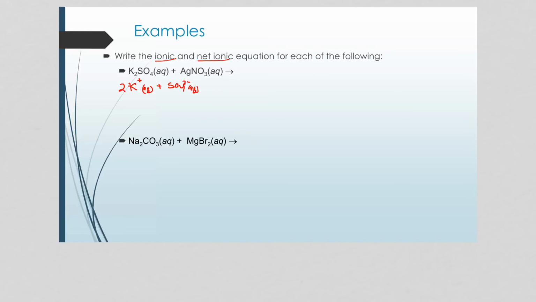Of course, these are aqueous. And then from my silver nitrate, I'm going to have a silver, and it's going to be +1 because the nitrate is -1. And 1 nitrate ion.